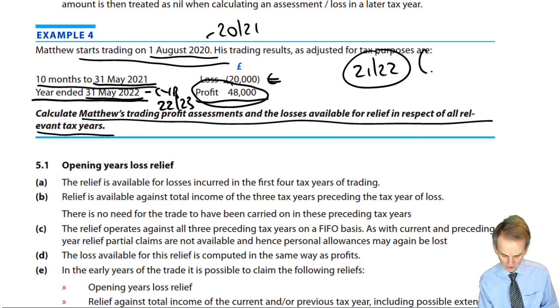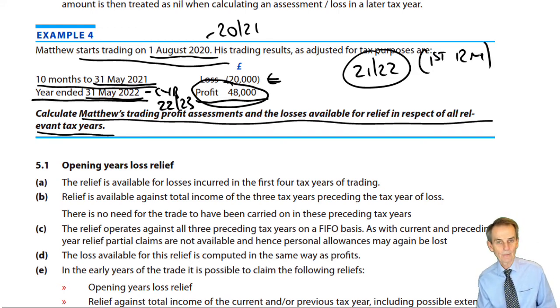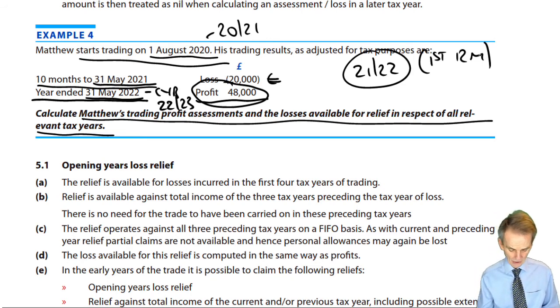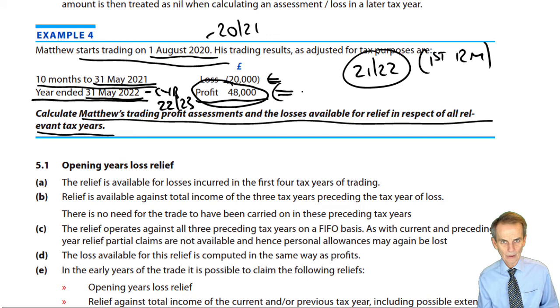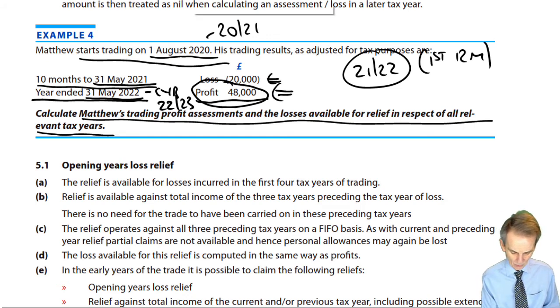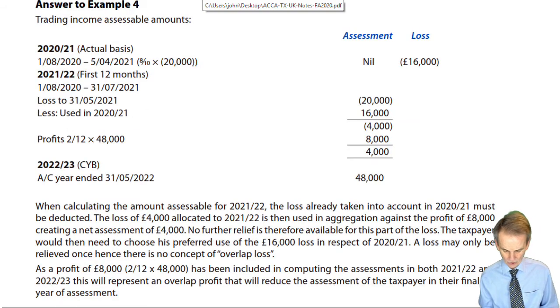So for that tax year, you will be using the first 12 months. That, of course, will mean that you're now picking up all of that loss, most of which has already been used. It's been allocated to the preceding tax year, 2021, and you cannot have it again. And it will be paired with a bit of that profit. So look at the answer to see what those calculations come out to.